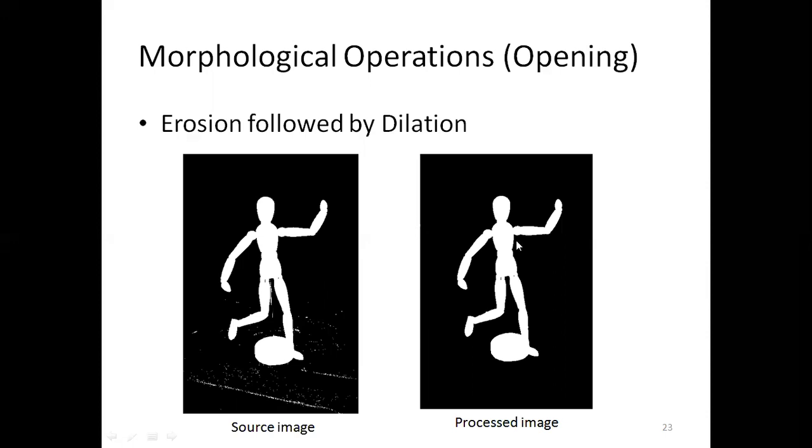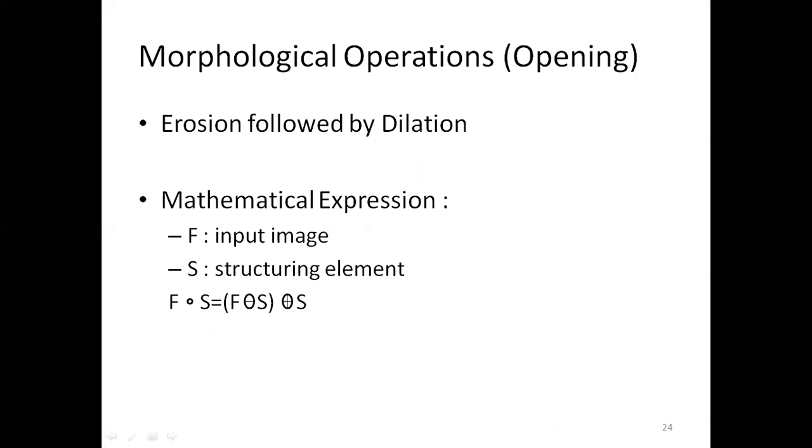That way, this image will have less noise, and all the bordering pixels will be present. So let's see the mathematical formula here. Consider F as an input image and S as a structuring element. So again, what is opening? Opening is erosion followed by dilation.